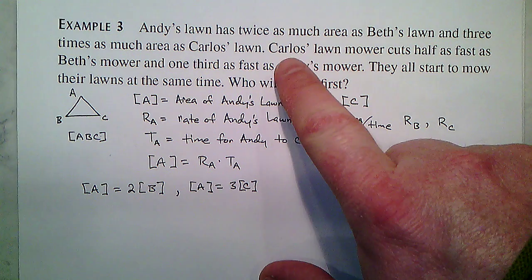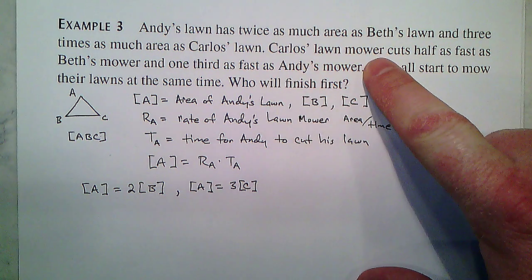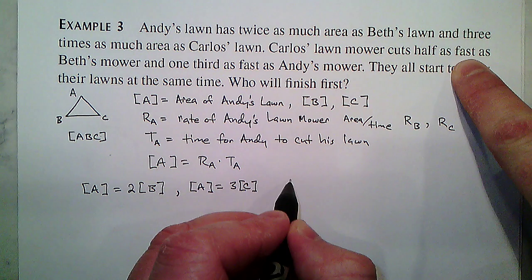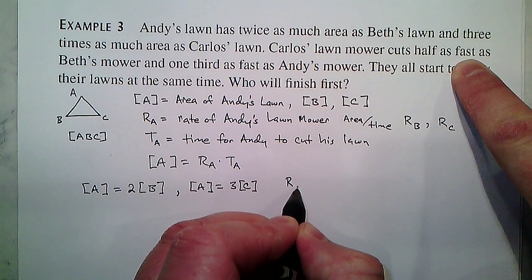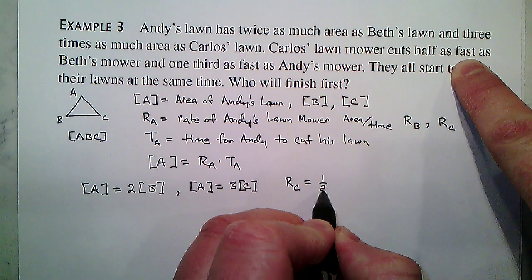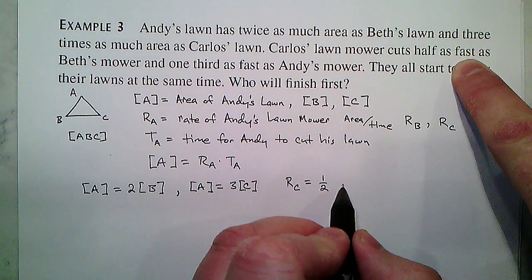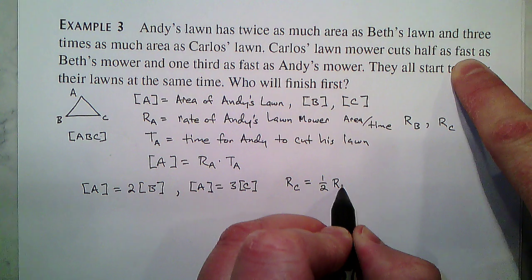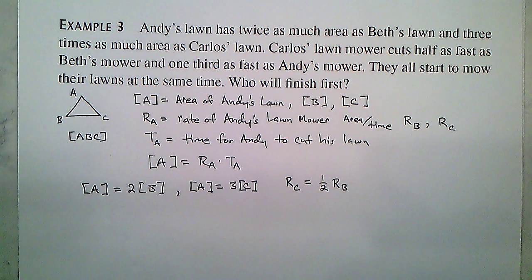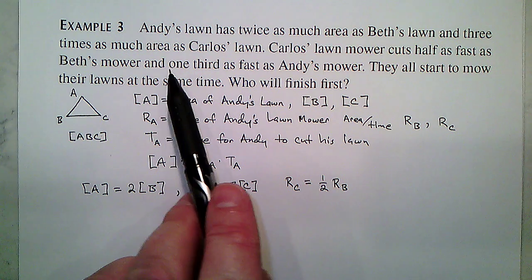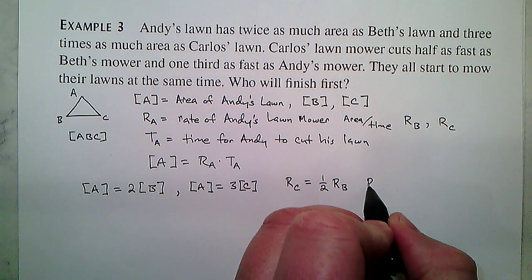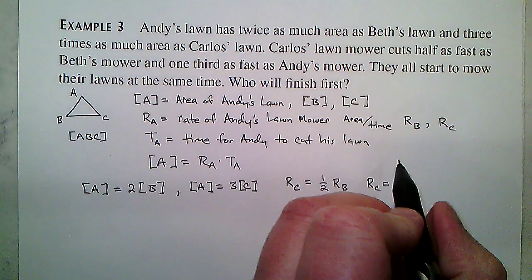Now, Carlos's lawnmower cuts half as fast as Beth's lawnmower, so the rate of Carlos's lawnmower is half the rate of Beth's lawnmower. And Carlos's lawnmower is 1/3 as fast as Andy's lawnmower.